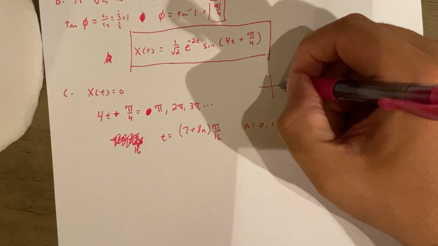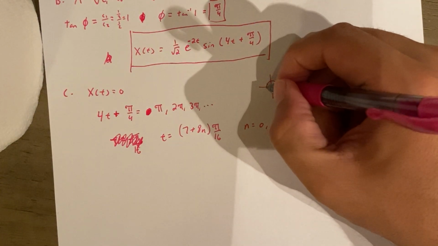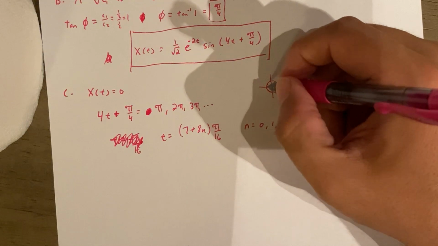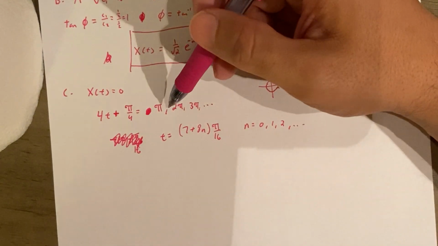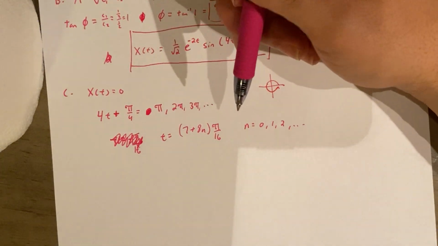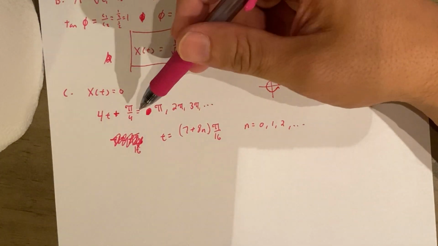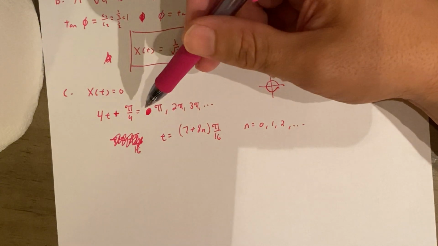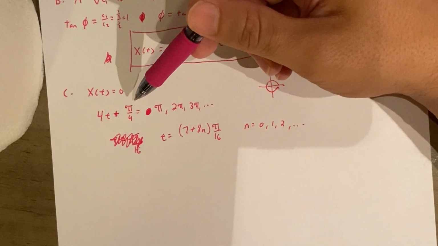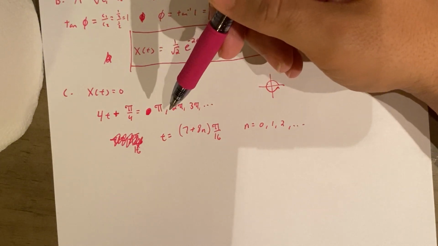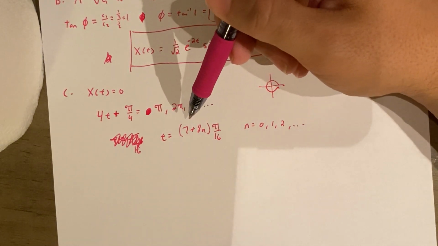Therefore, what we want is all the times where it's coming into the negative. So we want the 2 pi and the 3 pi. Because of that, if we do the math here, we're left with 7 pi over 16.